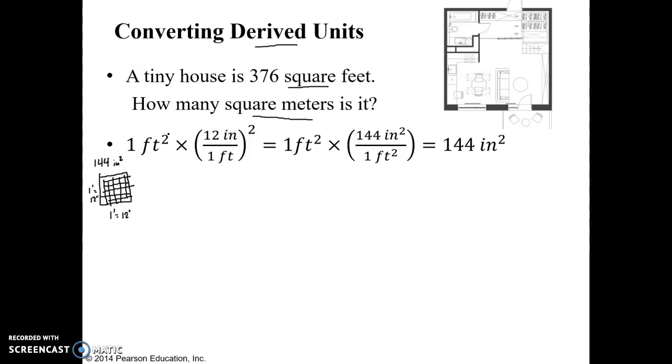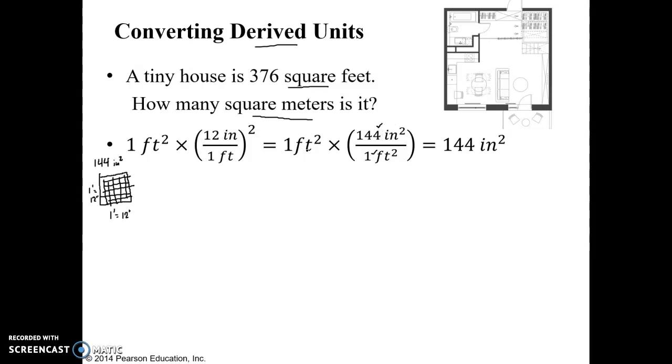The common mistake I see is that people forget all about the fact that we are squaring these units. And they just think, oh, how many square inches are there in a square foot? There are 12. No, there's not 12, there's 144. What you need to do is square the conversion factor here, and that means squaring both the top and bottom number. So 12 squared is 144, 1 squared is still just 1.